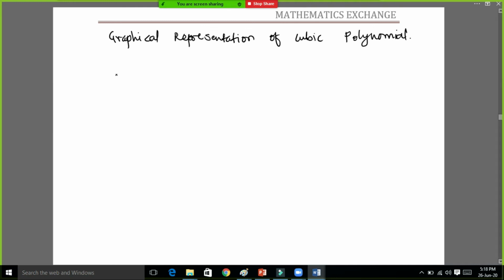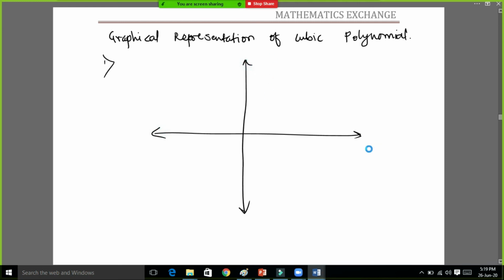So for a cubic polynomial, your graph will be like this. Suppose it intersects the x-axis at 3 points: the first point, the second point, and the third point.